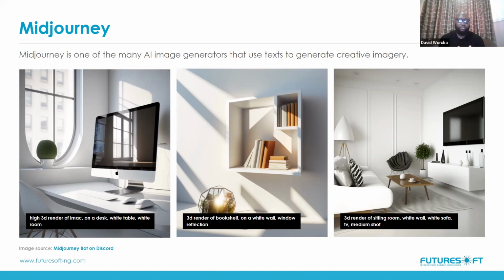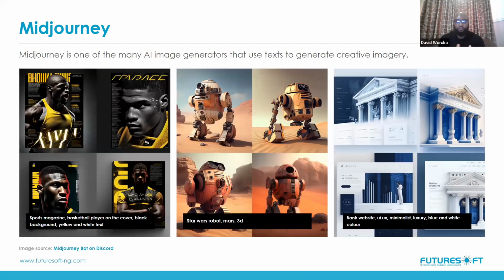And then Midjourney does not only generate images like this, you can also utilize Midjourney for inspiration and also for 3D elements. So the elements you have here, those of you who are familiar with Star Wars, who are Star Wars fans, this is trying to simulate C-3PO. And like I say, Star Wars robot, Mars 3D. With a simple prompt like that, I could actually generate a high resolution 3D image of this sort.